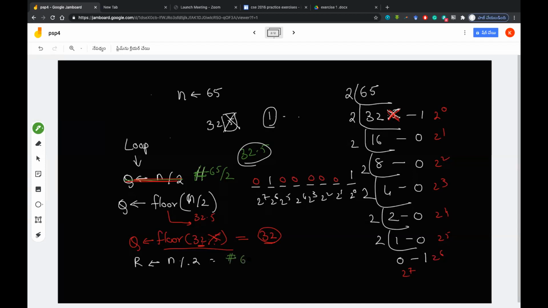It becomes 65 mod 2, which will give you the remainder 1 naturally. So immediately you put this remainder 1. That's all. And next, before you go to the next loop, you write n will be assigned with quotient, and the loop repeats like this.